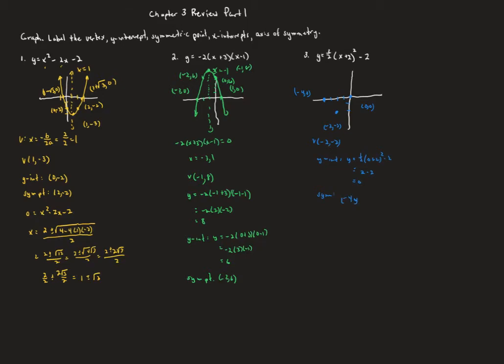And our axis of symmetry is going to be x equals negative 2. And so that's all we get because we kind of have two of these points doing double duty. The 0, 0 and the negative 4, 0 are both x-intercepts and our y-intercept and symmetric point. There we go.